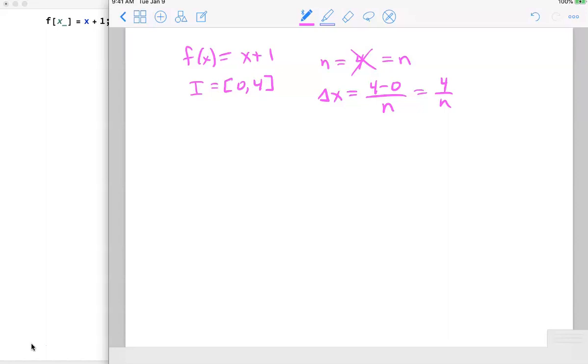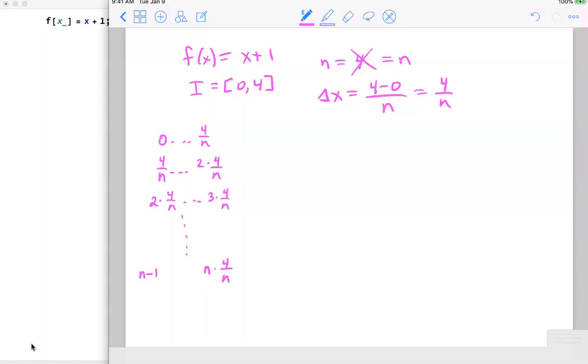So now we have our interval broken up into 0 to 4 over n. We have 4 over n up to 2 times 4 over n. We have 2 times 4 over n going up to 3 times 4 over n. And this process continues until you get to n of those steps, which would be n times 4 over n.